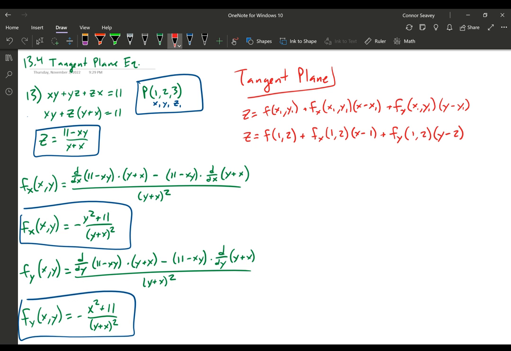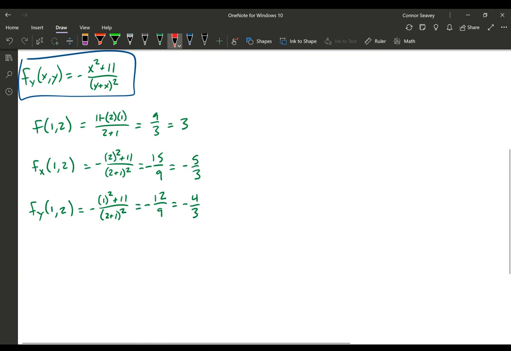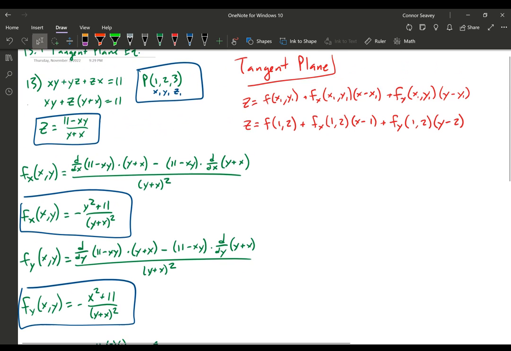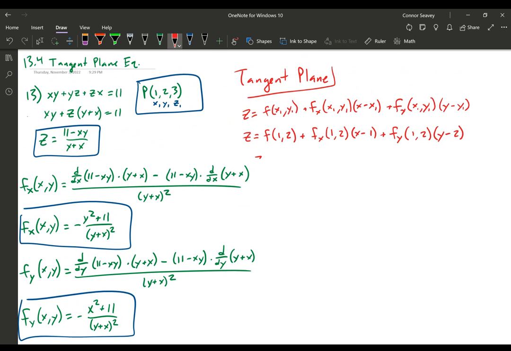And we already know those values of f of (1, 2), f sub x of (1, 2), and f sub y of (1, 2), because we just calculated them down here. So we're just going to plug them in. We're going to get z equals 3 minus 5/3 times (x minus 1) minus 4/3 times (y minus 2).